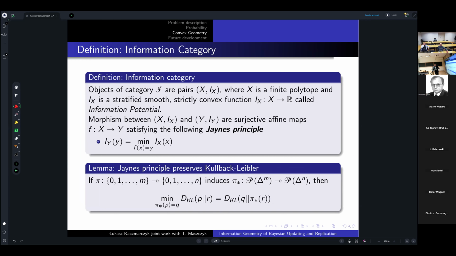If you remember, a few minutes before, we defined the Kullback-Leibler divergence in terms of an integral from a logarithm of the Radon-Nikodym derivative, and because we are on the finite space, we can treat each probability measure as simply a point in the simplex.